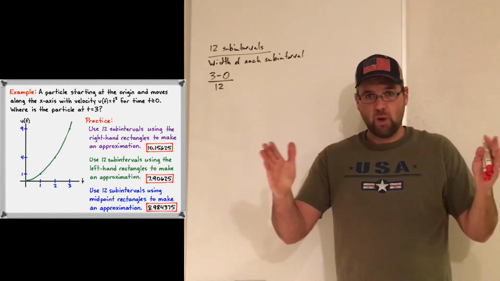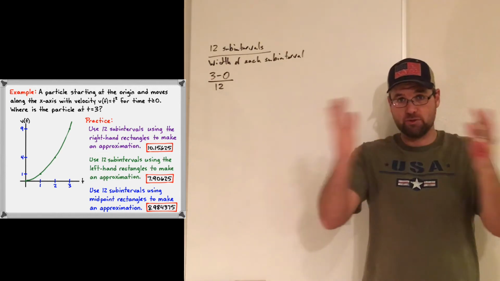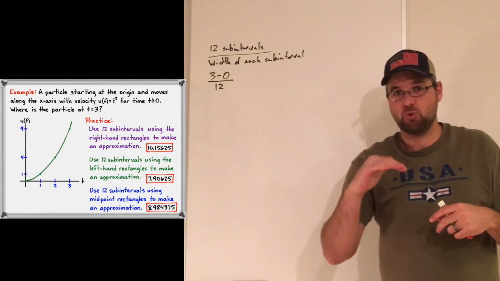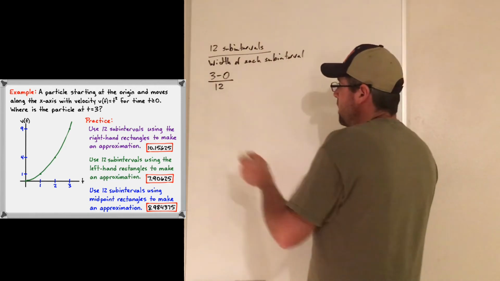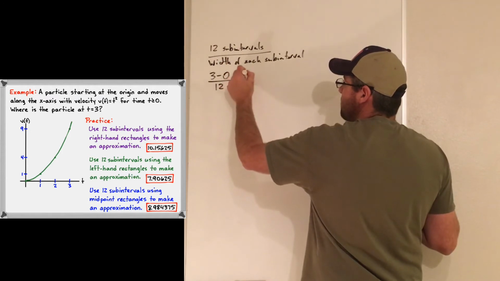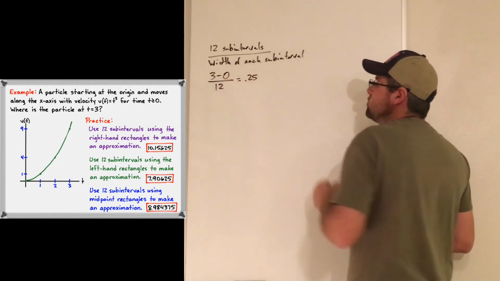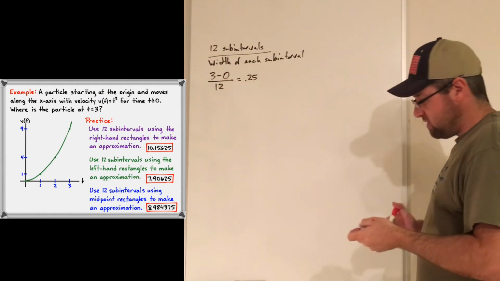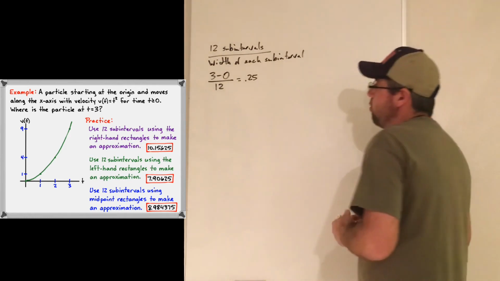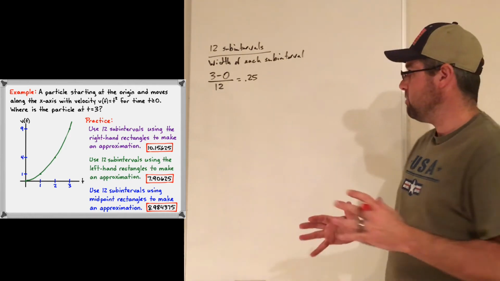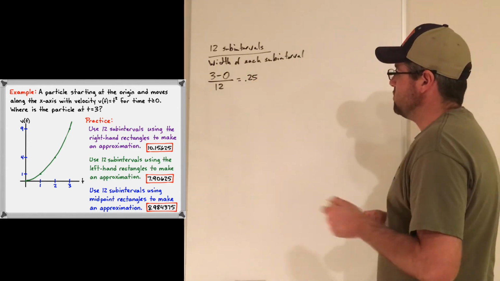So what is the total width? The total width is from 0 to 3, so it's 3. And then we're cutting that into 12 subintervals, so we're dividing that by 12. 3 minus 0 over 12 is going to be 1/4, or 0.25. So the width of each one of these subintervals is going to be 0.25. Whether I'm using a left hand, a right hand, or a midpoint, the width is 0.25.